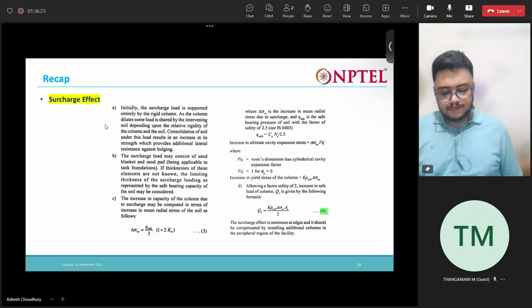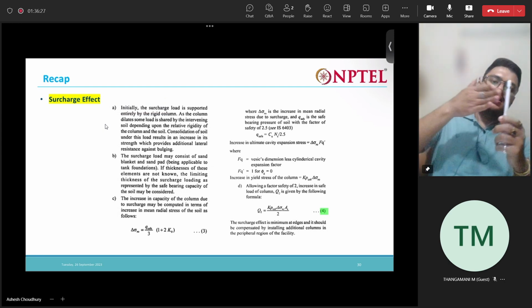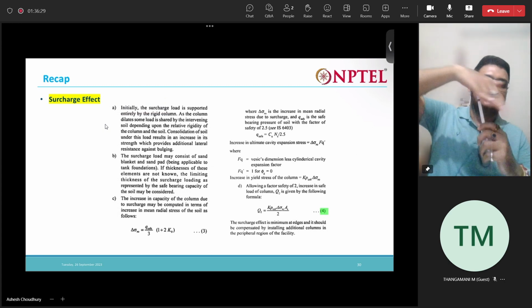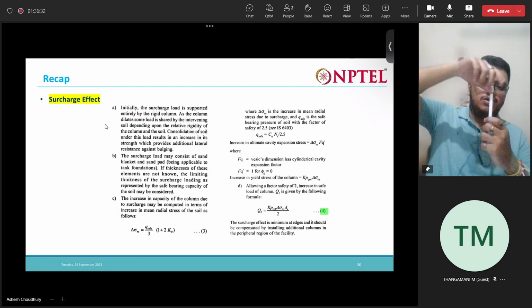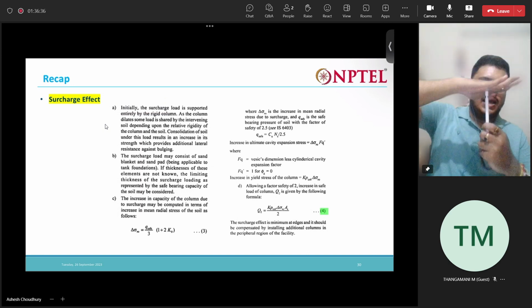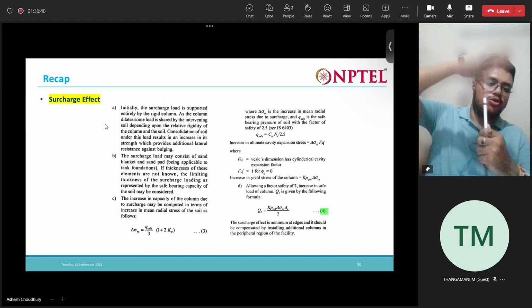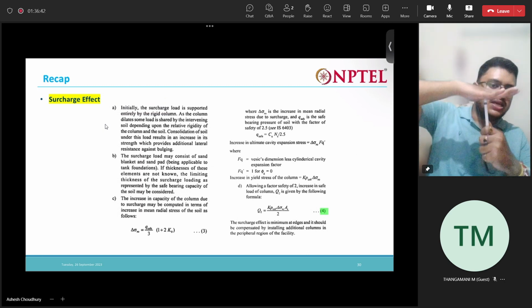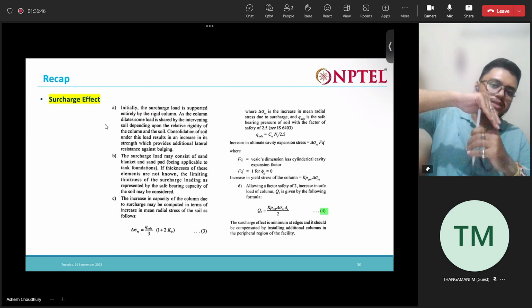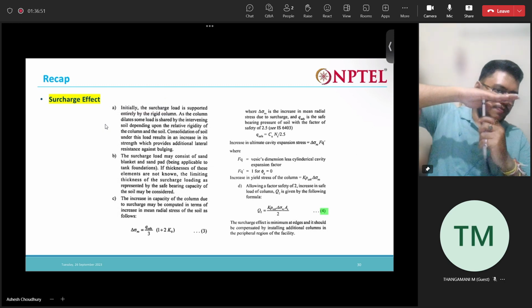What happens is, we have the stone column, and surrounding the column we have soil, and above this we are providing some surcharge load, or whatever load is acting. Initially, this surcharge load is carried immediately by the stone column.